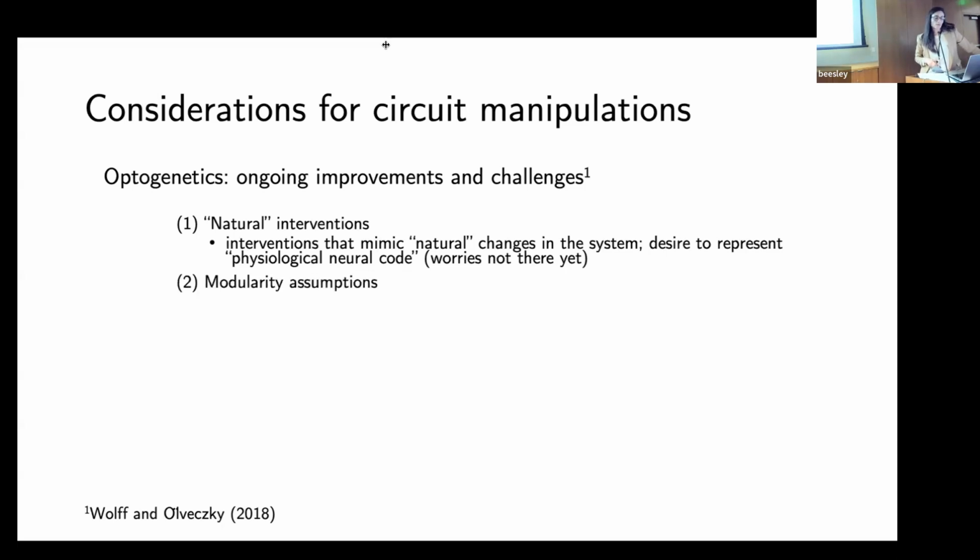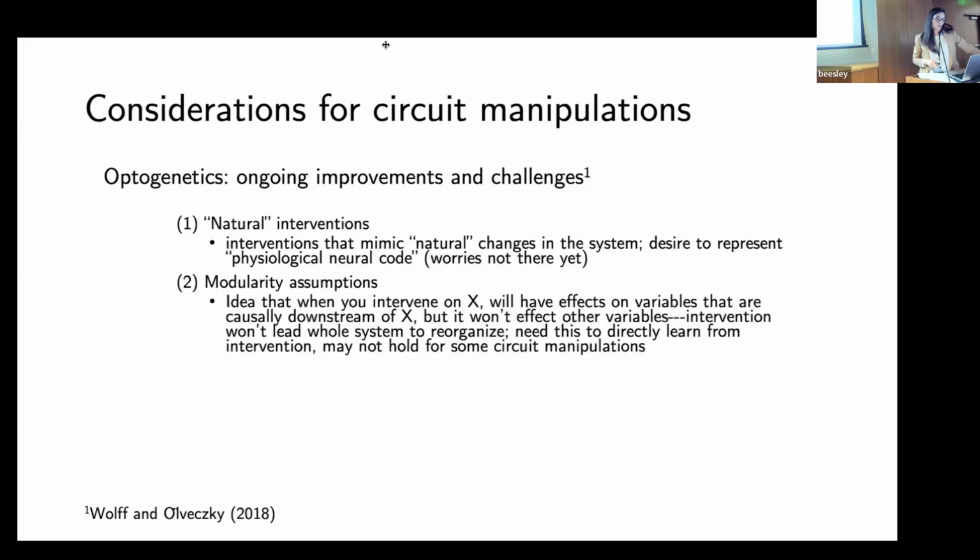The second challenge that shows up in the context of these manipulations has to do with modularity. These techniques often involve assumptions about modularity in the sense that when a scientist is intervening on a candidate cause in these systems, that intervention on the cause will have effects on variables that are causally downstream of X, but it shouldn't affect other variables.